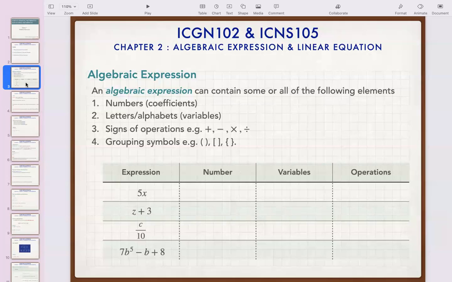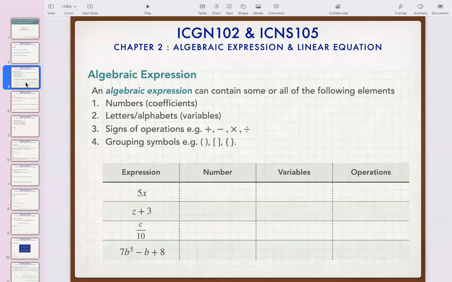For example, you can see that in this slide I show you four expression examples: 5x, z plus 3, c over 10, 7b to the 5 minus b plus 8. These are all called algebraic expressions.